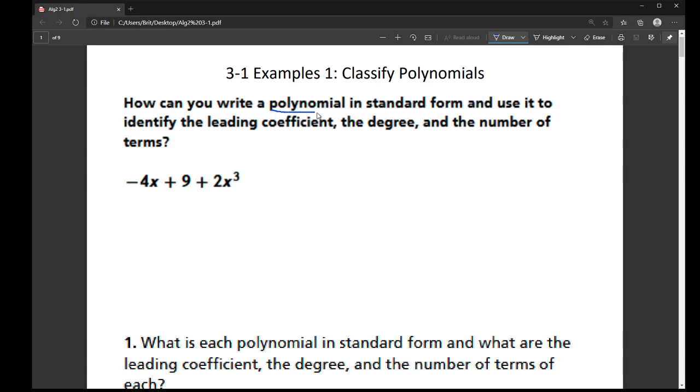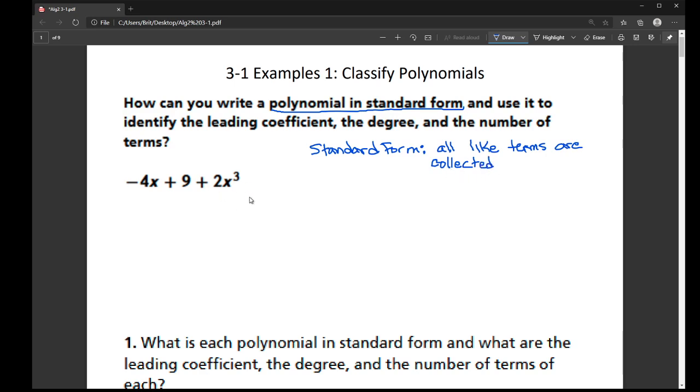A polynomial written in standard form has two features. I'm going to write standard form here. The first feature is that all like terms are collected. So you can't have two square terms in there, or two constants.